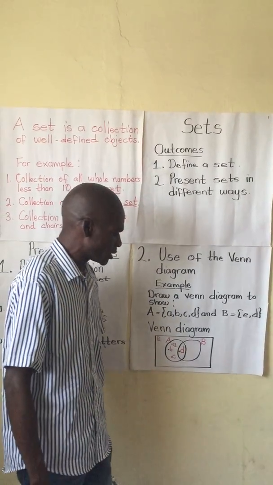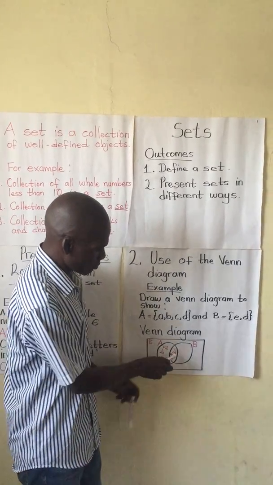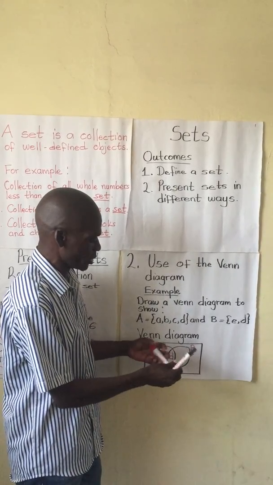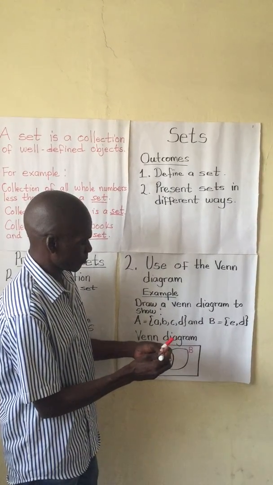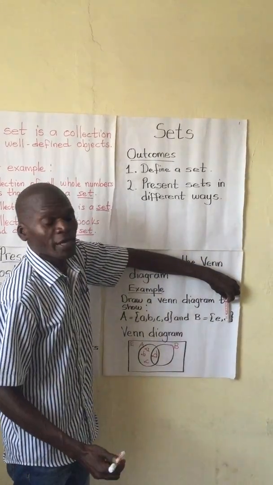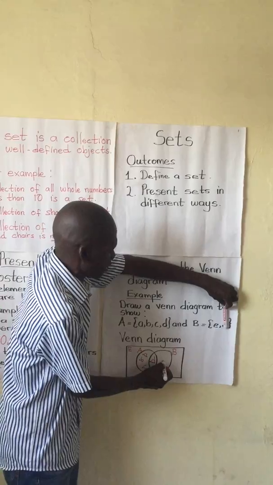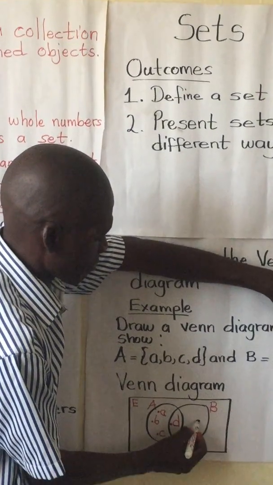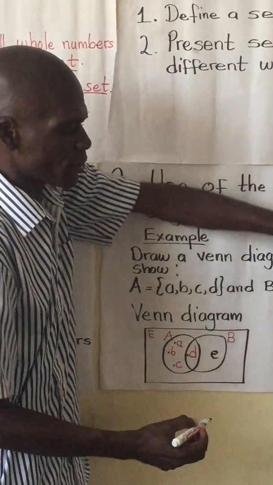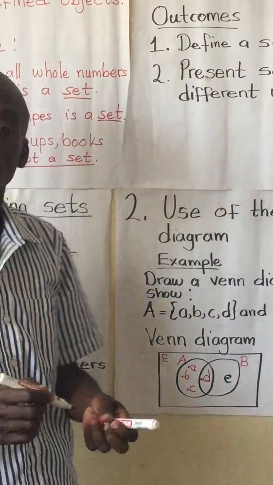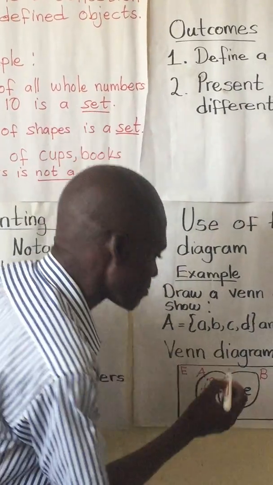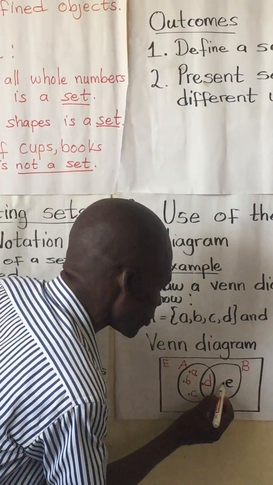Let's look at our B. d is already here, so this one I'm going to hide here. What remains there? I could put the e anywhere. The e is there. Is that correct? No, it's not correct because we don't have a point there.